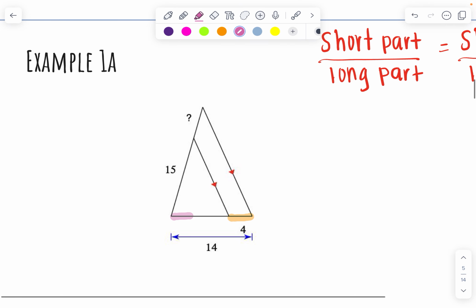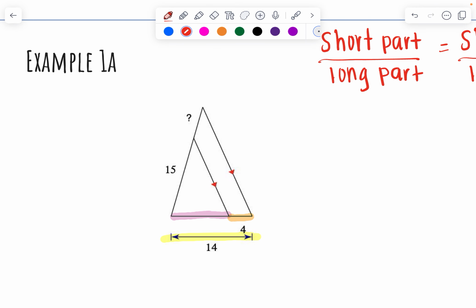And actually we can figure out the long part on the bottom because I know this whole bottom is 14. And if the short part is 4, that means the long part has to be 10. And then on the other side of my triangle, I'm looking for the short part, but I know the long part. So I know 3 of the 4 pieces that we need.